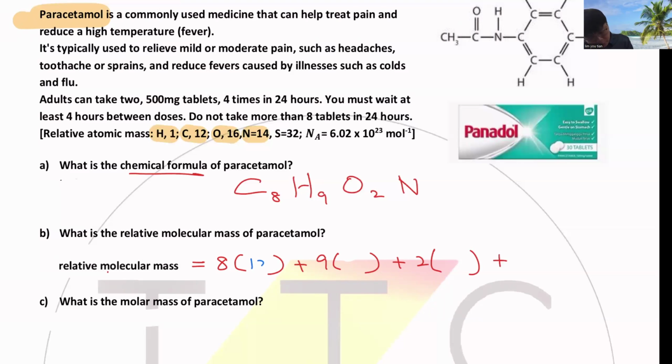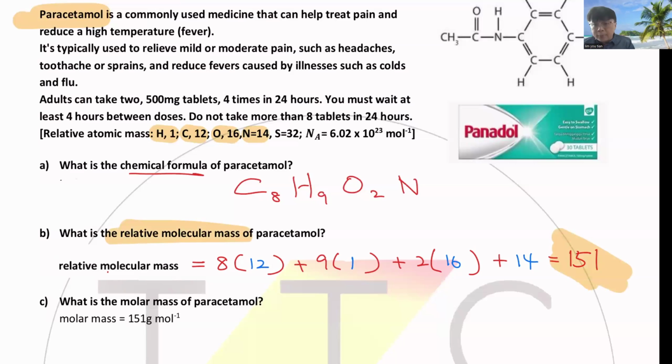Carbon is 12, hydrogen 1, oxygen 16, nitrogen 14. So you calculate the number out. 8 times 12 plus 9 plus 32 plus 14 is 151. Okay, then the molar mass and the relative molecular mass: the relative molecular mass has no unit.